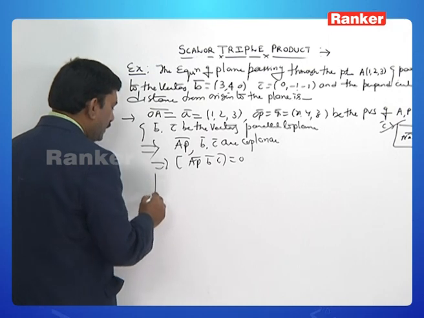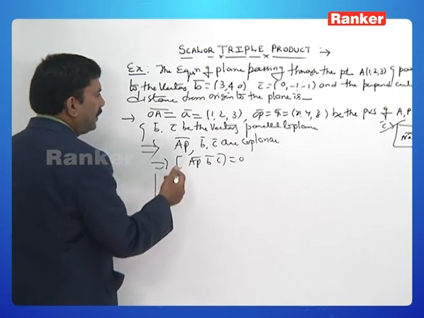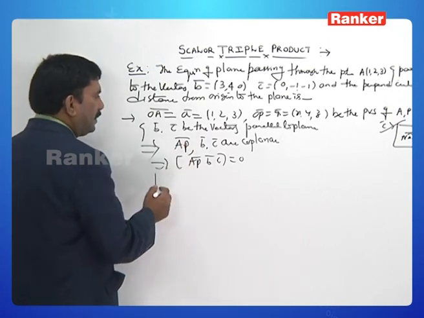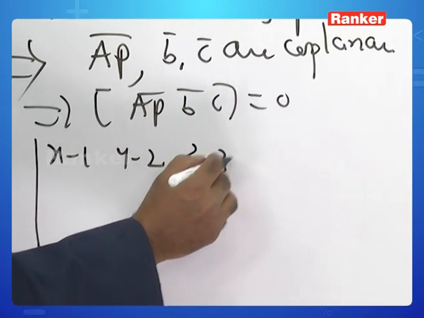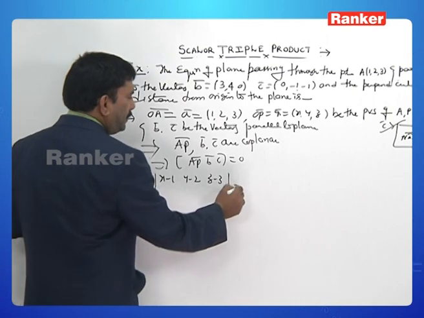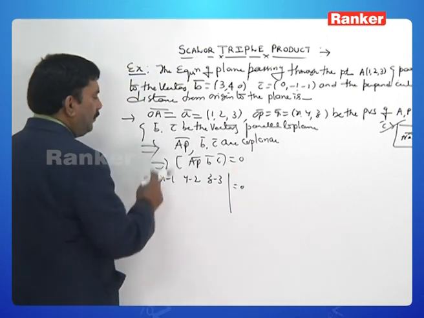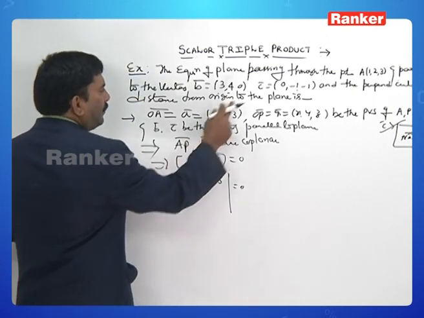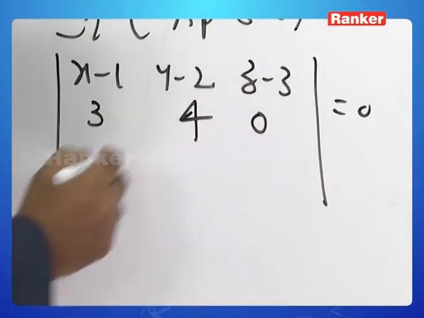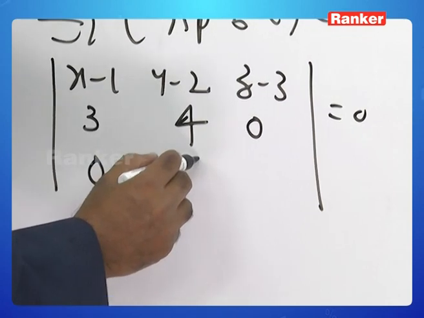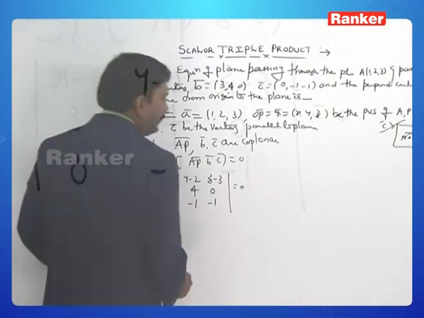I can write this as AP bar, which is OP minus OA, R bar minus A bar: x minus 1, y minus 2, z minus 3, is equal to 0. Now B bar and C bar. What is B bar? 3, 4, 0. And C bar: 0, minus 1, minus 1.